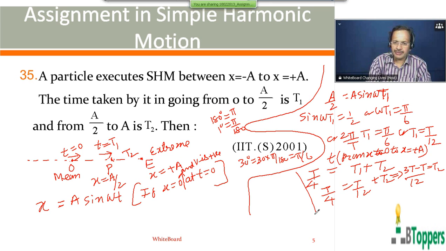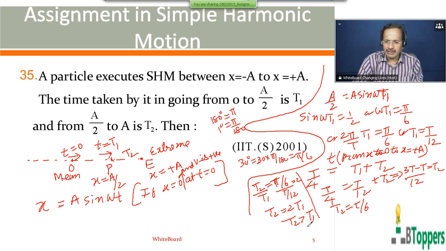So you get t2 equal to T by 6. If you divide t2 by t1, T by 6 divided by T by 12, that comes out to be 2. So you get t2 equal to 2 times t1, or t2 is greater than t1.